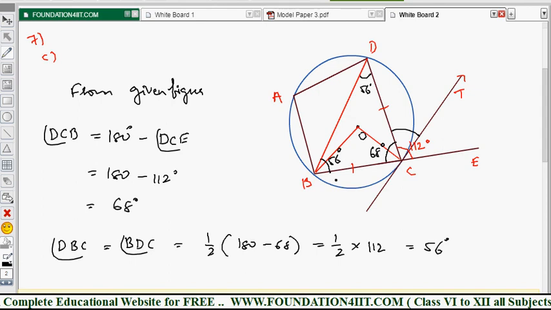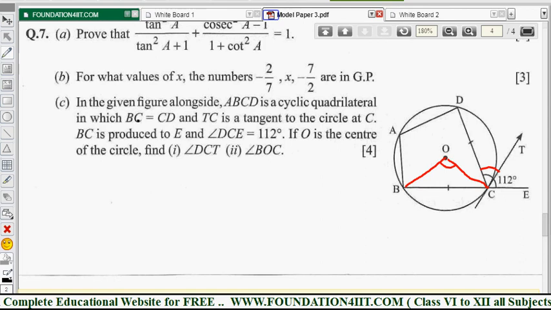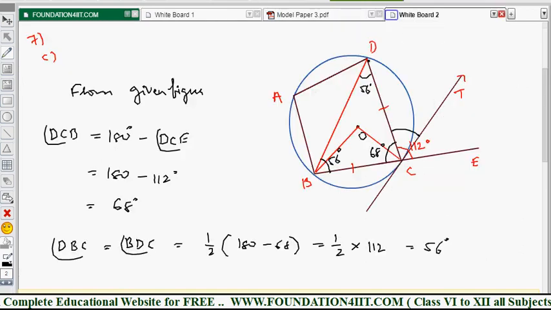Now see the property. We should find out the first one, DCT. CD is the chord and this is the tangent. So if you see the same segment, angles in alternate segment, this angle should be equal to the other side segment. So if DBC is 56 degrees, this also must be 56 degrees. That is using angles in alternate segments.